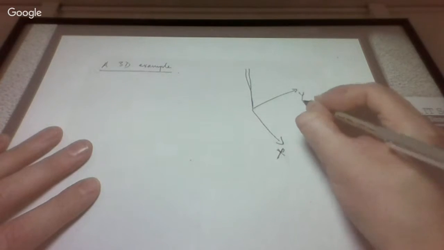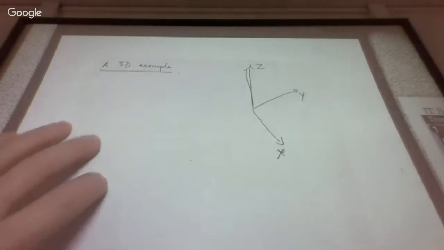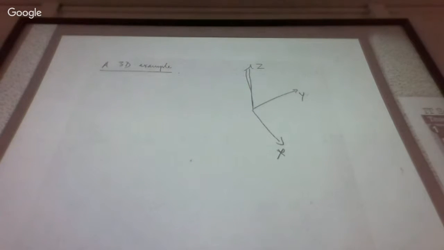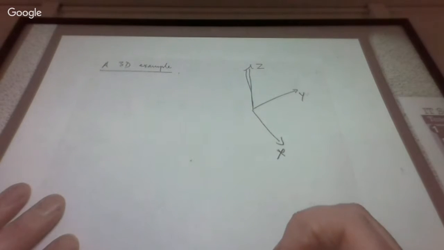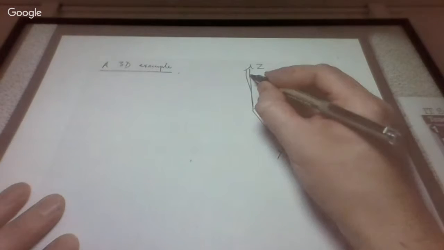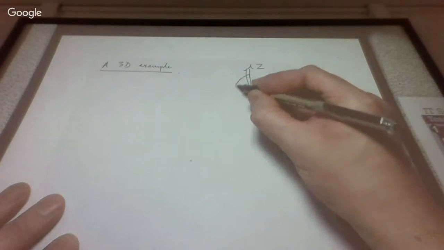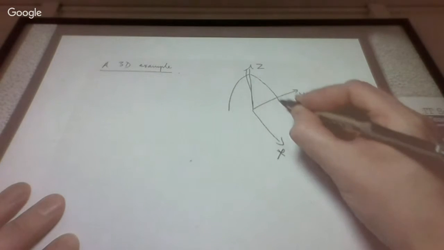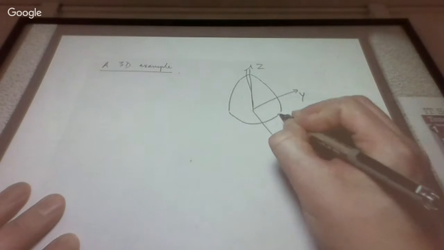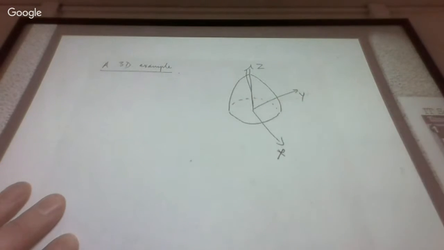x, y, z. What we want to do is we want to compute an integral here over this kind of, imagine this kind of bell-shaped volume here.